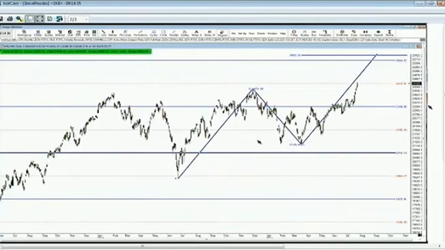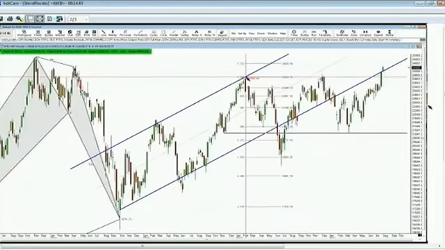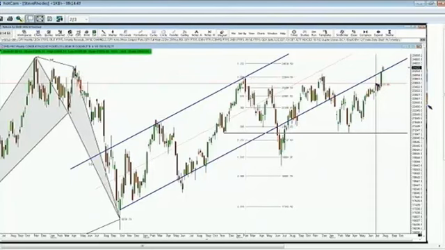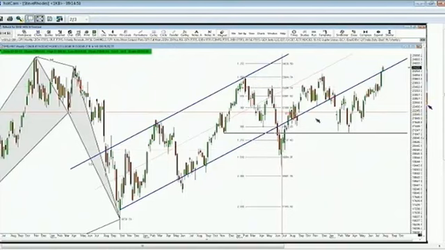Let's see, how about this? This is certainly breaking out above the February 2013 level. It did that last month. And we'll see the same A to B equals CD pattern here on the weekly chart as well, I believe, or we should.